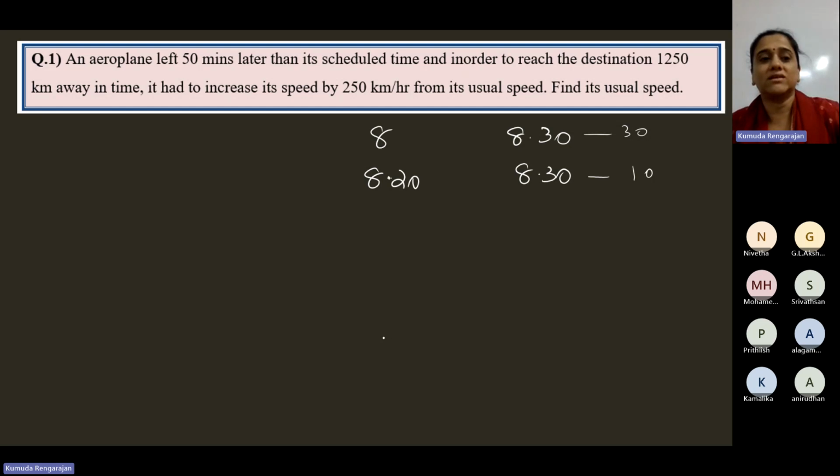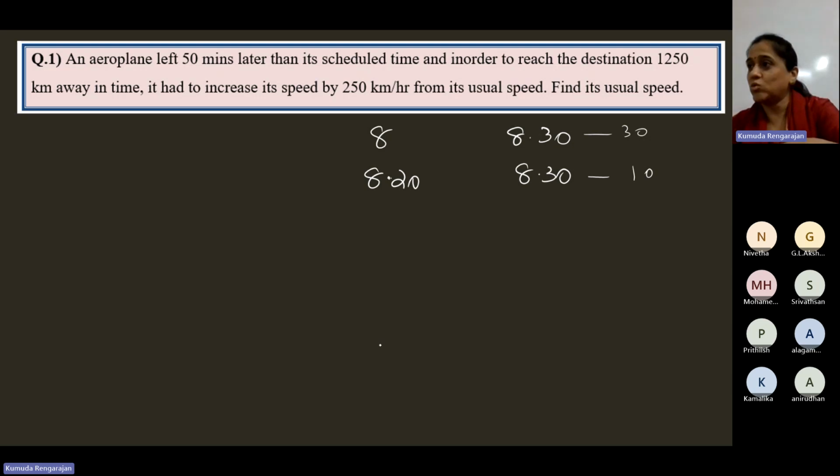That is what is given here. See, you left 20 minutes late, no? You're supposed to step out at 8 o'clock, but on that day, you stepped out at 8:20. So you left 20 minutes later than the scheduled time. That's what is here: an airplane left 50 minutes later than its scheduled time.